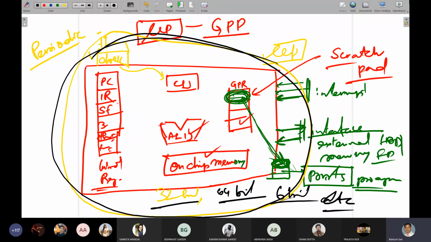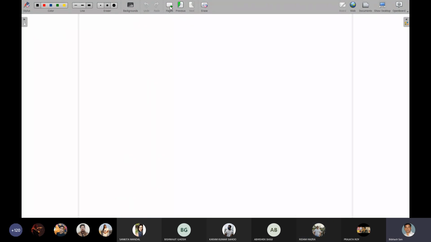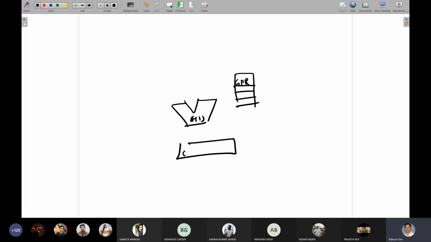Sir, can you repeat again in short? I am telling that first of all, in the processor architecture, the main parts are data path and control path. What is the data path? In the data path we have an ALU, some scratch pad registers, that is GPR general purpose registers, and some on-chip memory.